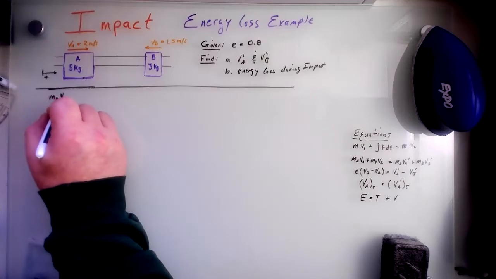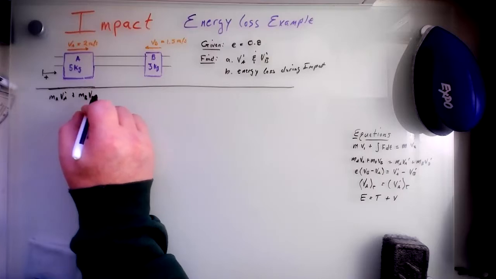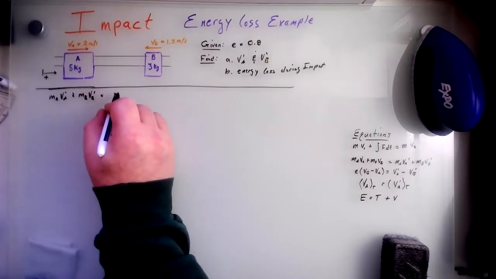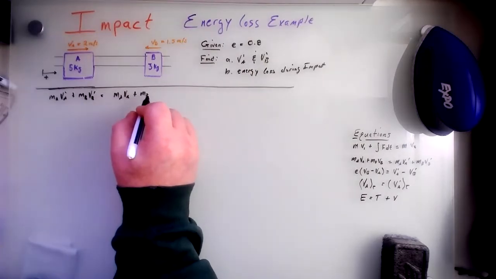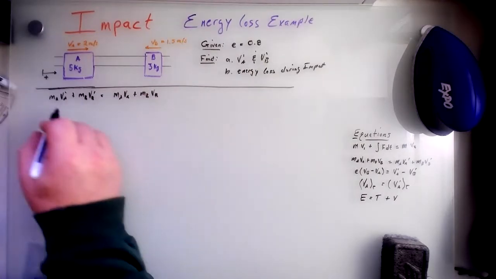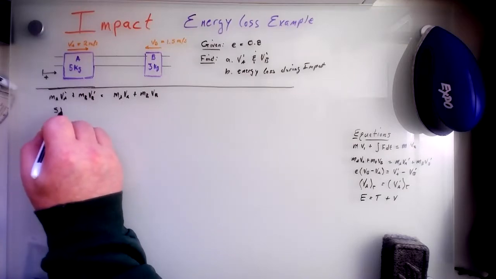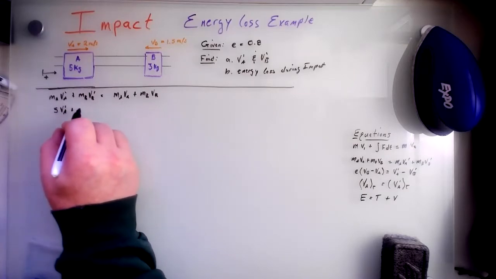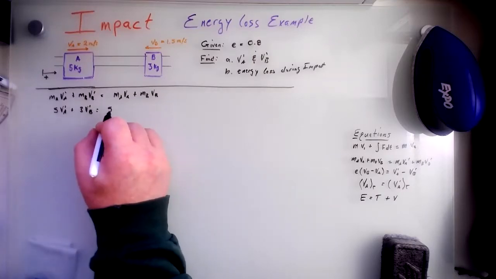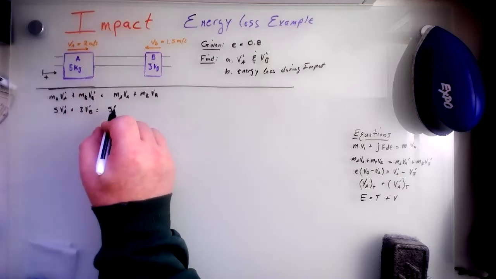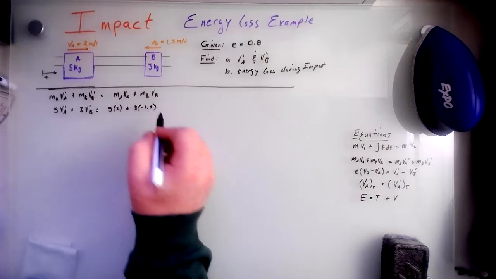MA VA prime plus MB VB prime is equal to MA VA plus MB VB. So 5 times VA prime plus 3 times VB prime is equal to 5 times 2 plus 3 times minus 1.5.